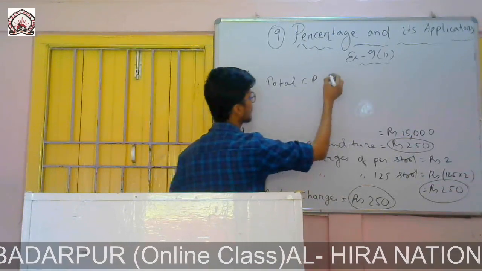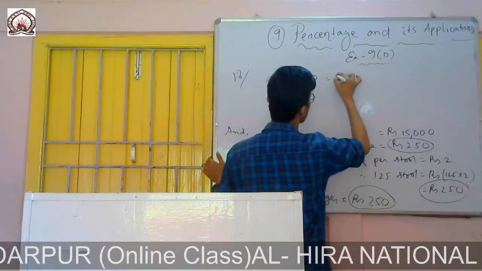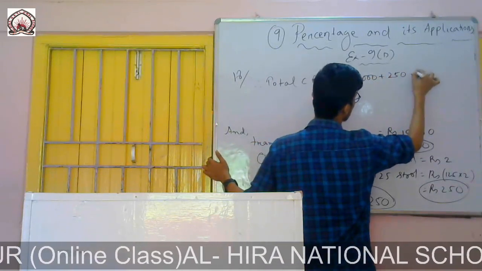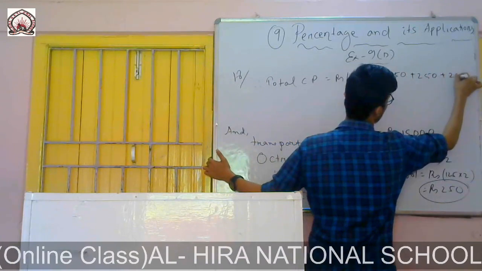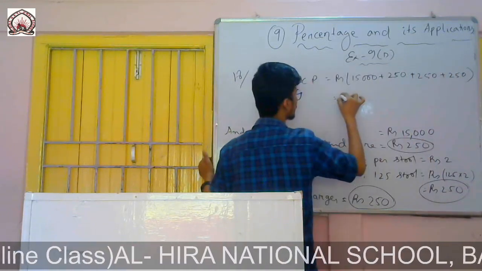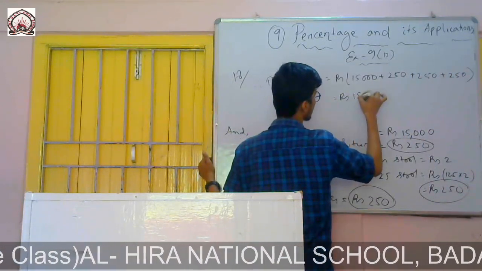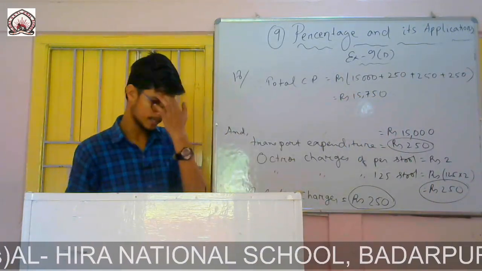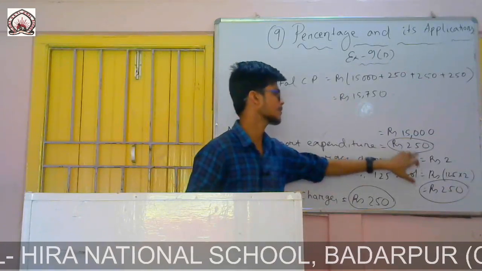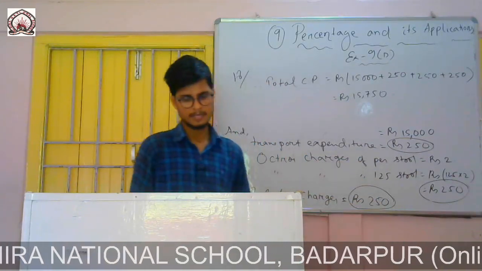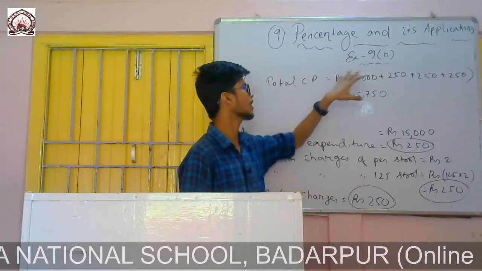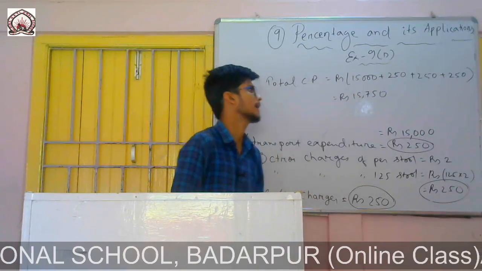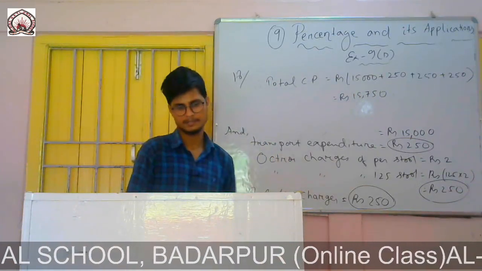If you directly find it, it will be rupees 15,000 plus 250 plus 250 plus 250, so it will be rupees 15,750. You can add the other expenditures directly and find the total CP.